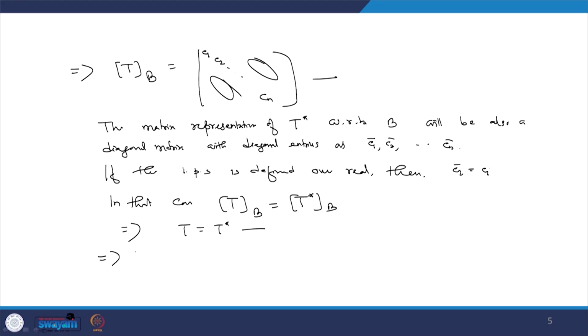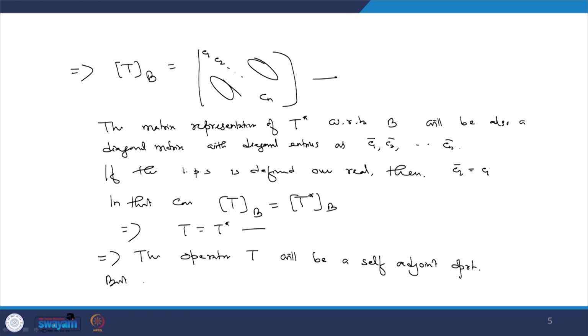This implies the operator T will be a self adjoint operator.